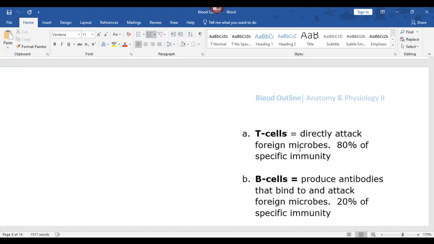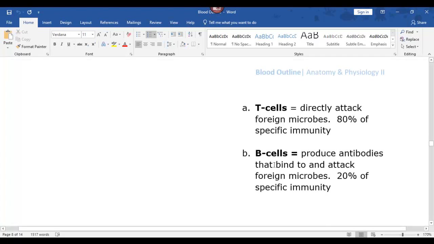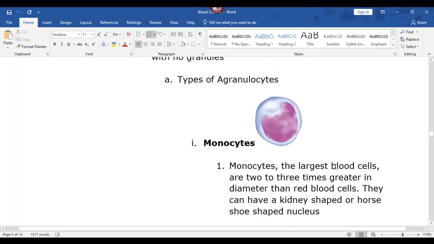If you got chickenpox as a kid, then you ended up with T cells that were specific for chickenpox and also B cells, and that's the only thing they're going to attack. And they get stored in your lymphatic system. B cells produce antibodies, these little Y-shaped structures, and they are 20% of specific immunity. So that's all of the white cells.